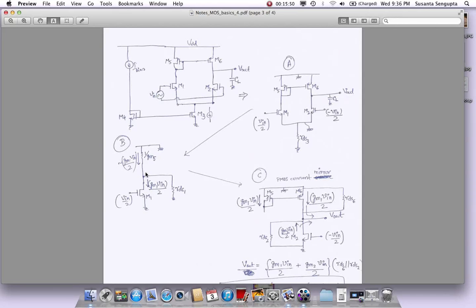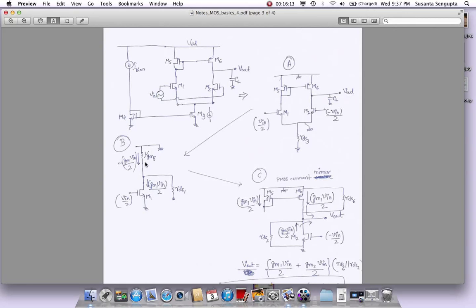Now, at the output, what do we have looking up? Looking up, we have this diode connected PMOS device. What is the impedance of the PMOS device when we look into a diode connected structure? It is roughly 1 over GM. That's why I've just simply changed that to 1 over GM5 of this device.